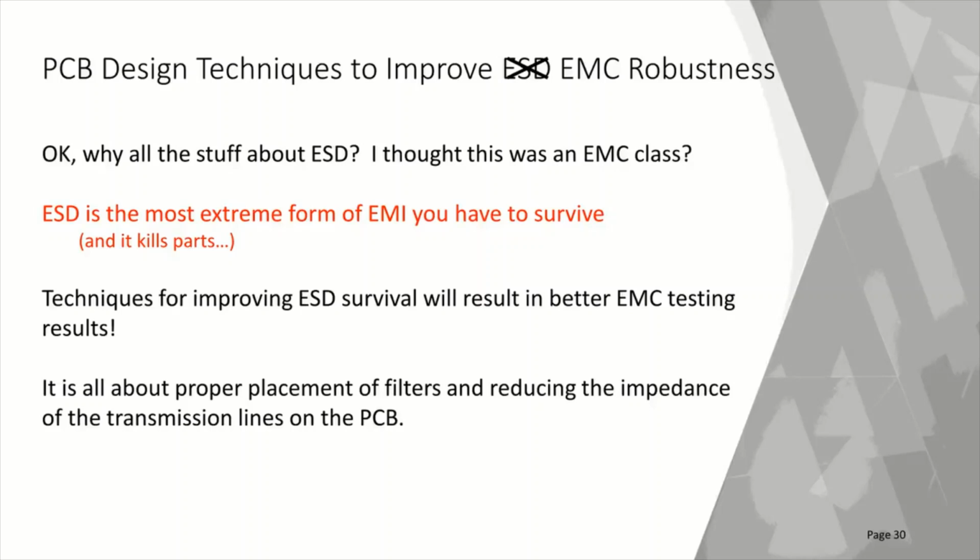So things we can do to improve the robustness of the circuit board have a lot of good results. One is you always have some type of ESD specification that your product is required to be able to withstand.